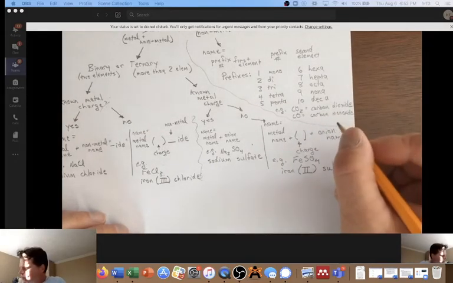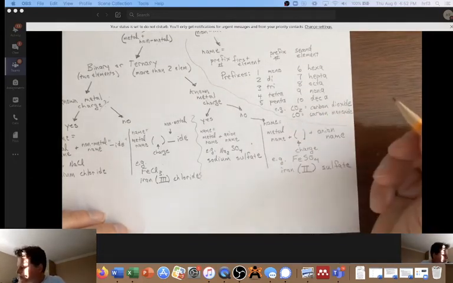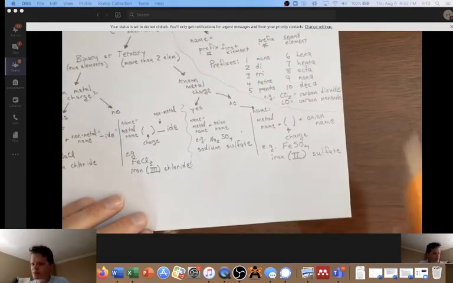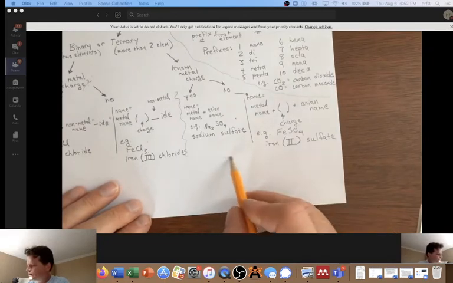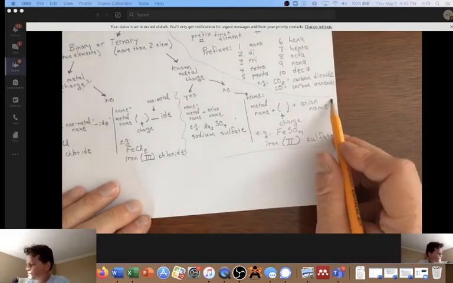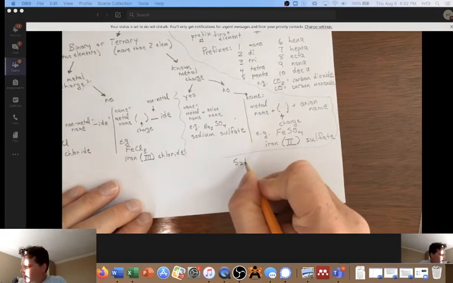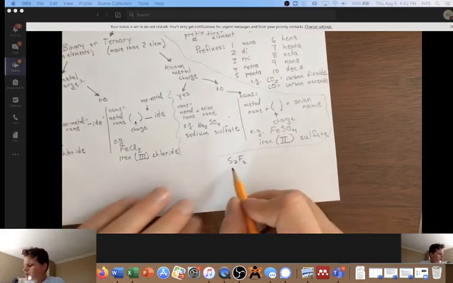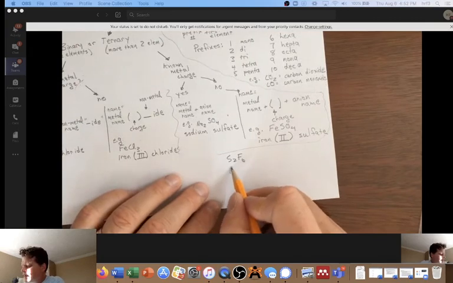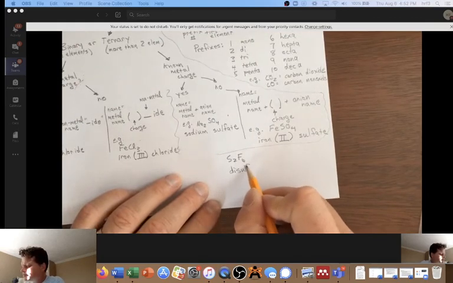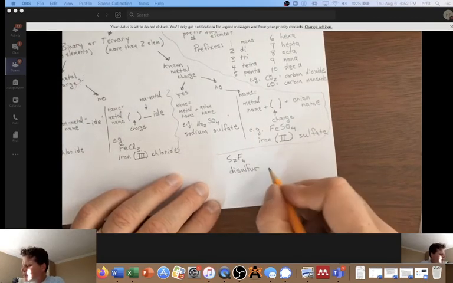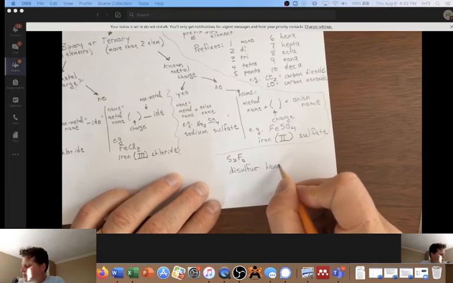Let me squeeze in one more example here. I kind of ran out of room, so I'll just put it on the bottom. So how about S2F6? So this would be 2 sulfur, so disulfur, and then hexafluoride.